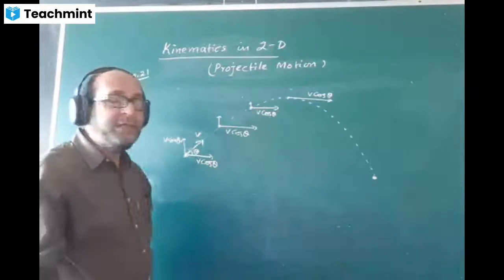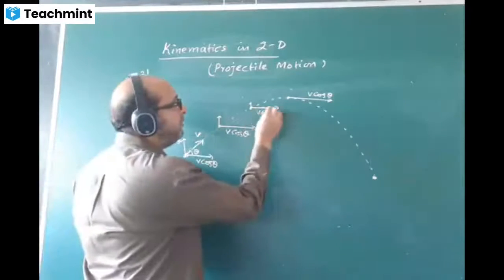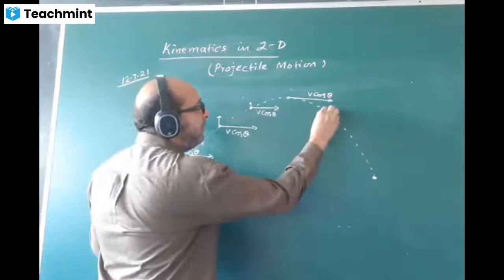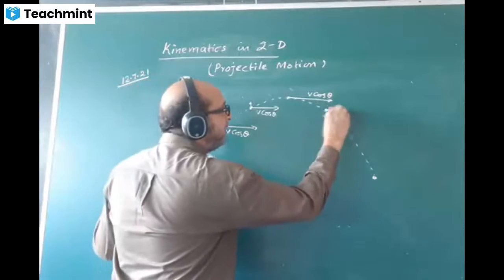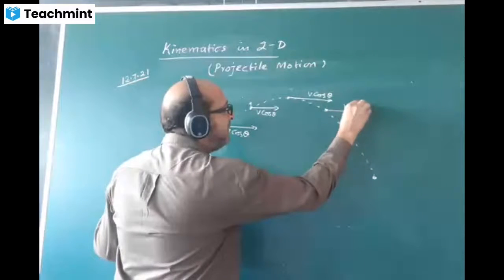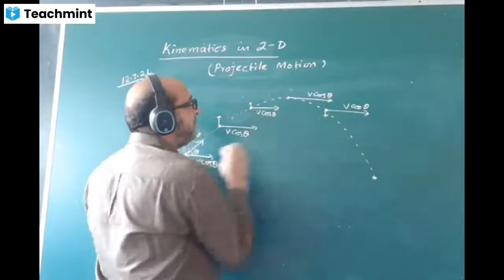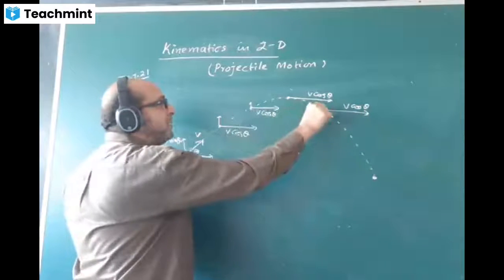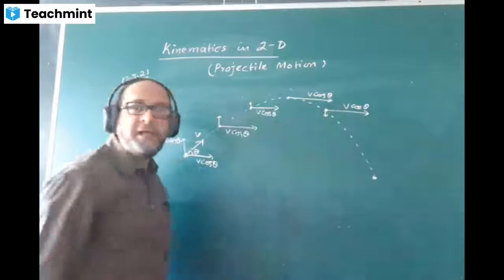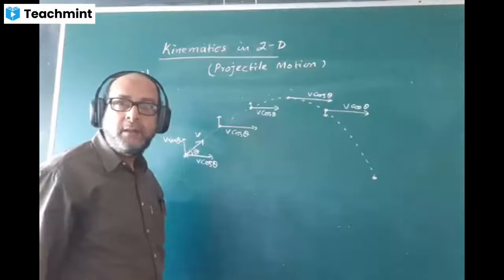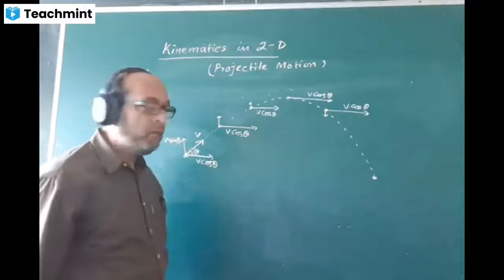But while returning, at the same level, the velocity will be the same in magnitude. The horizontal velocity never changes, it remains v cos theta, only the direction is reversed. The body is falling down now.